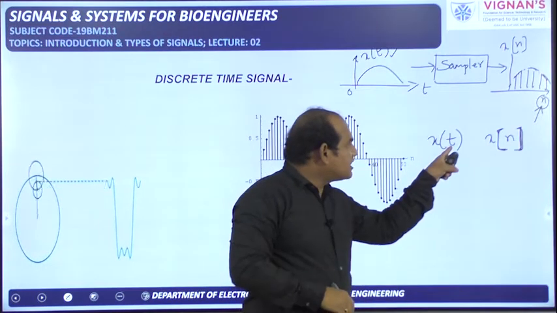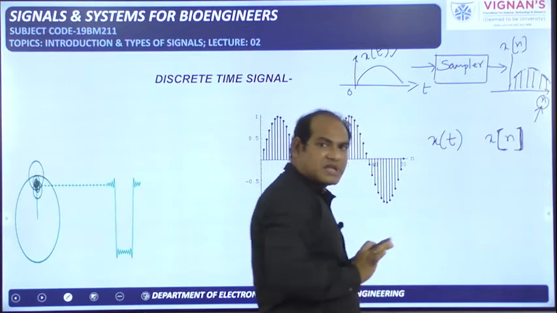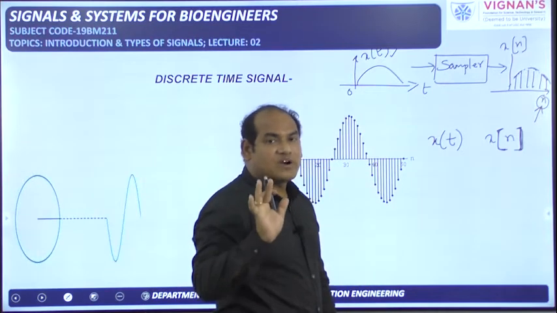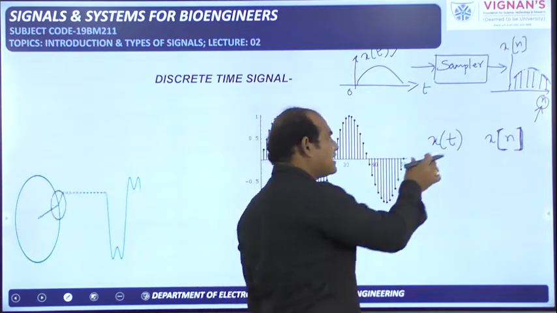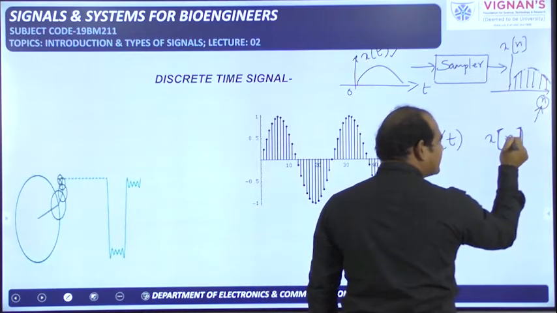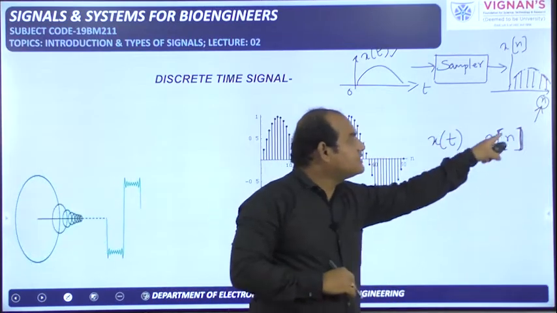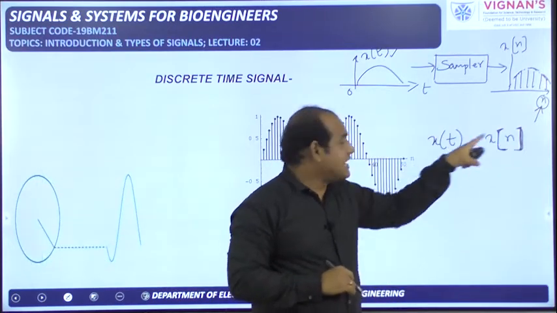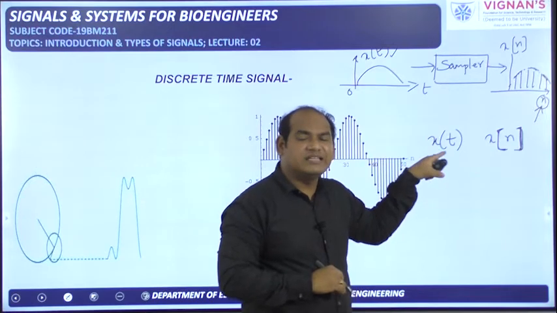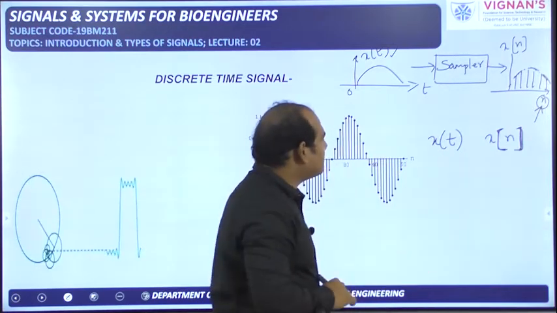The independent variable for the continuous time signal should be in the normal bracket. The independent variable, that is n, for the discrete time signal should be kept in the square bracket. The necessity of keeping n in the square bracket and t in the normal bracket you will understand a little later. For the time being, you remember that.